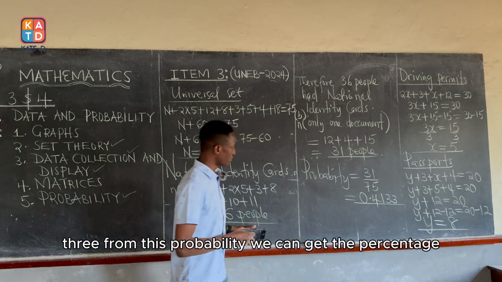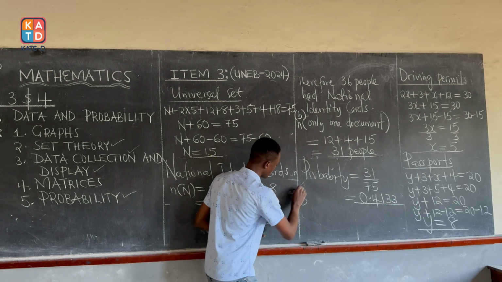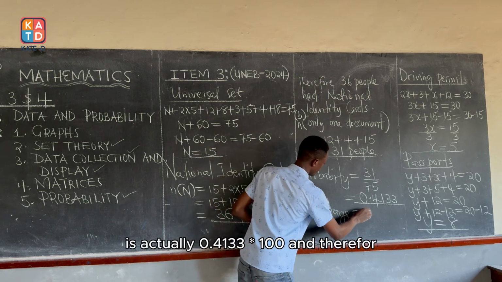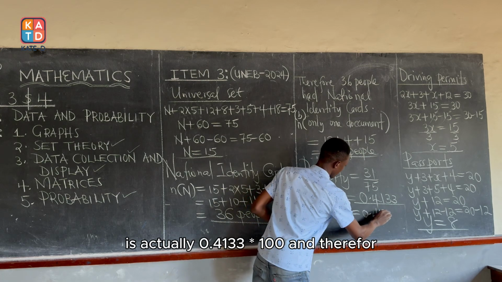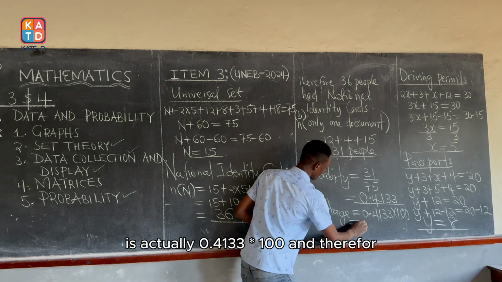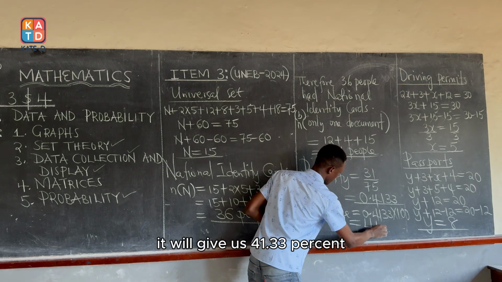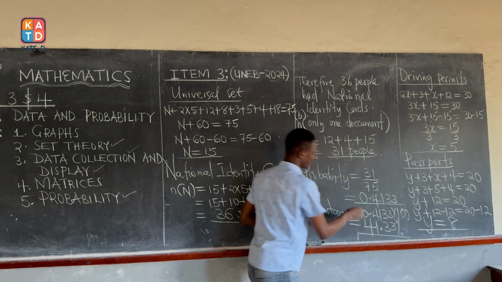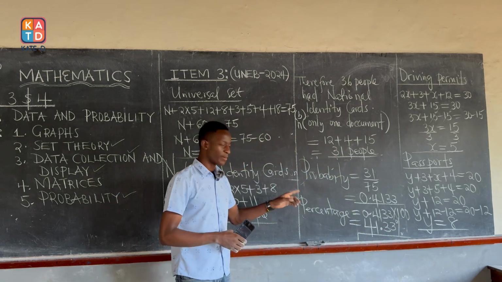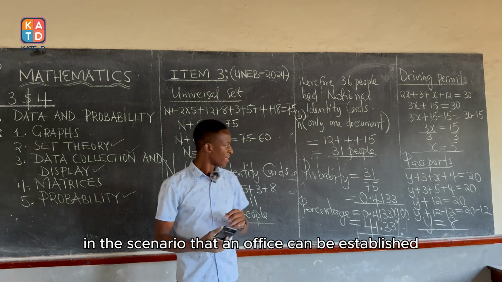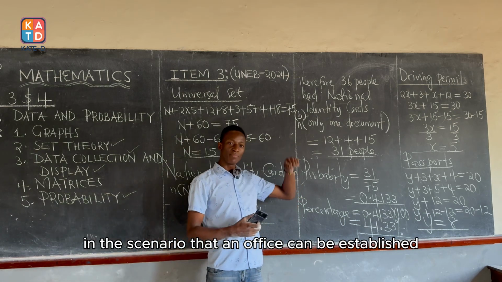From this probability, we can get the percentage. The percentage is 0.4133 times 100, and therefore it will give us 41.33%.